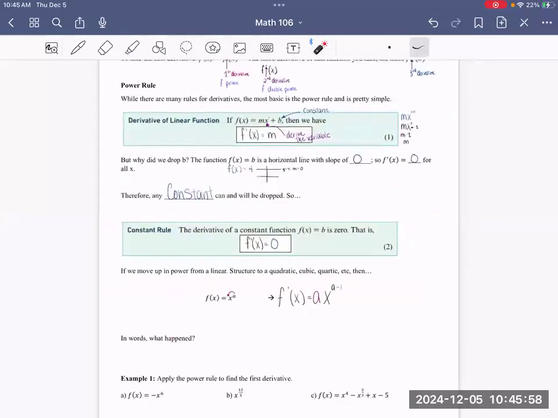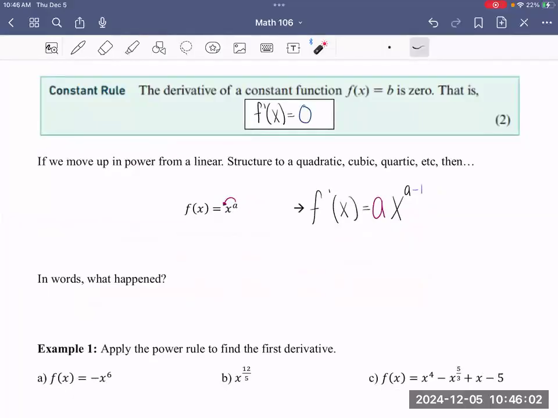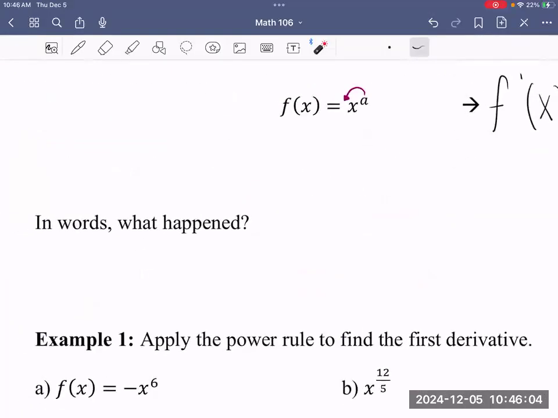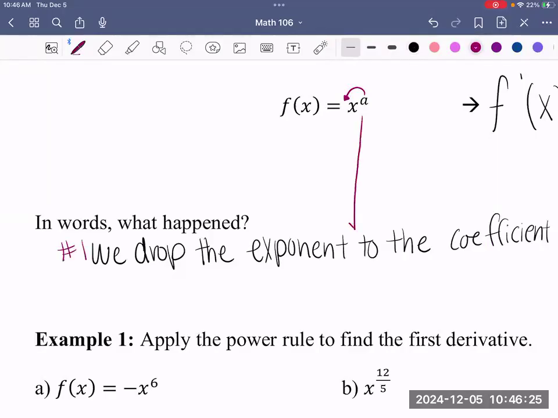So let's briefly describe in words what happened. We dropped the exponent to the coefficient. That's step 1: we dropped the exponent into the coefficient and multiply.